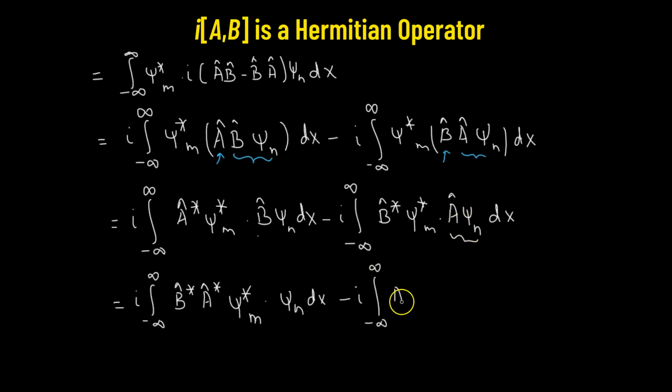This will be simply the conjugate of operator A operating on B star psi star m, multiplied to psi n dx.